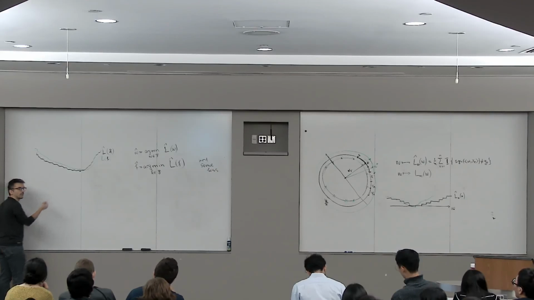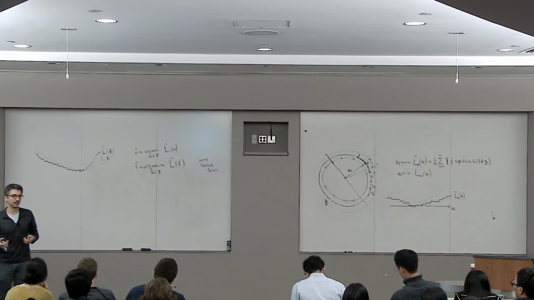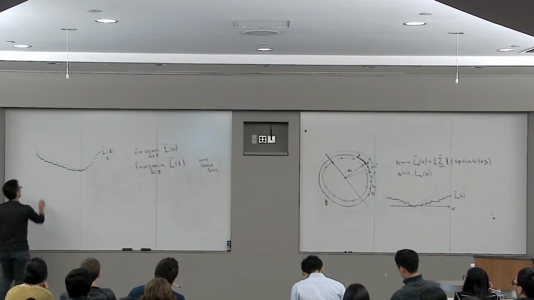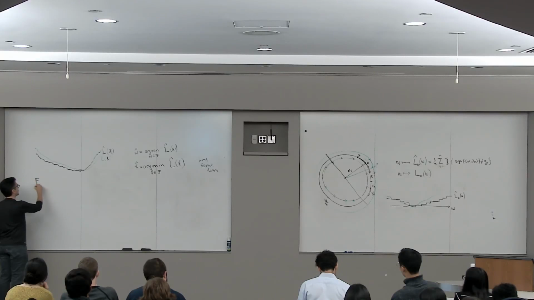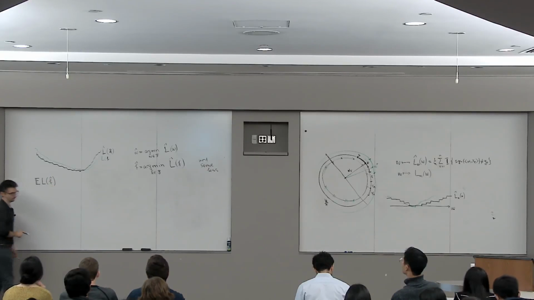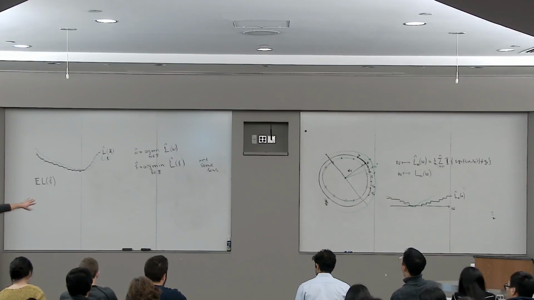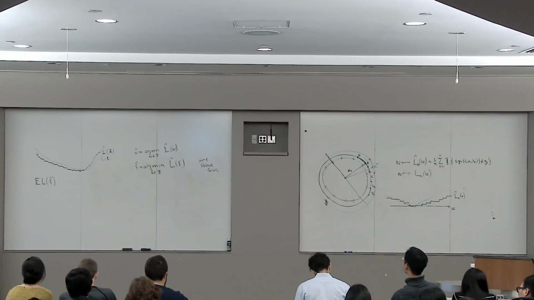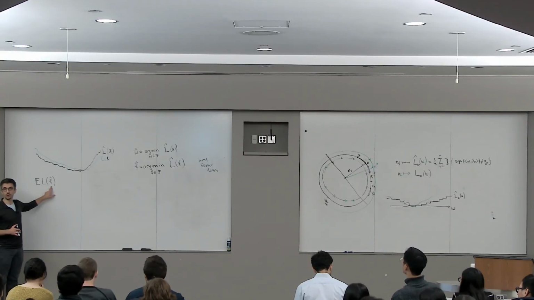And let me do it in expectation, although you can do it in high probability over a draw of data. Let me do it in expectation. So what I want is expected L of f hat. That's what I want small, right? Just as before with the perceptron, this is the out of sample performance of my algorithm, right? Of the thing that I trained with data.